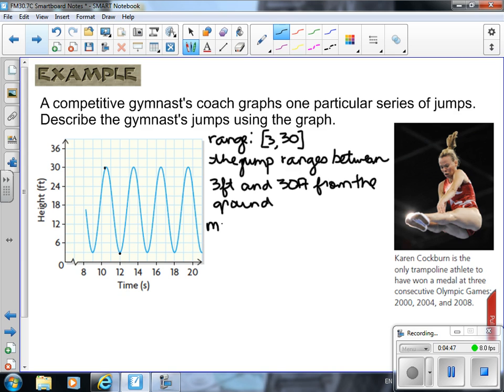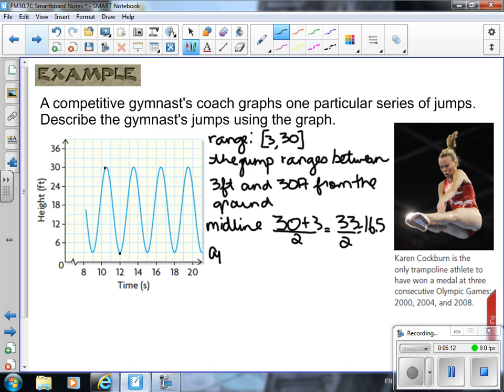Okay, and our midline, it'll be between those 2 points, 30 and 3. 30 plus 3 divided by 2. So she's in the middle of her jump at 16.5 feet.